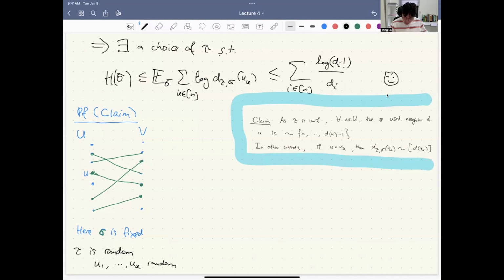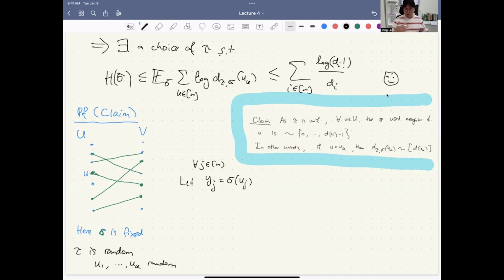But if you fix Uj, we know which vertex it is mapped to because we know sigma. So let Yj be sigma of Uj for every j in n.